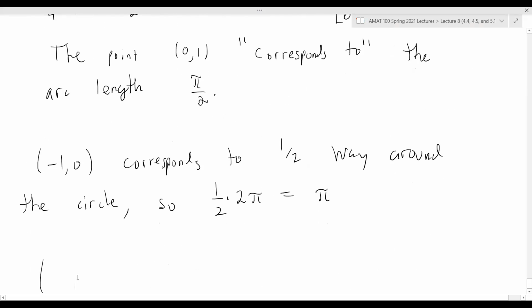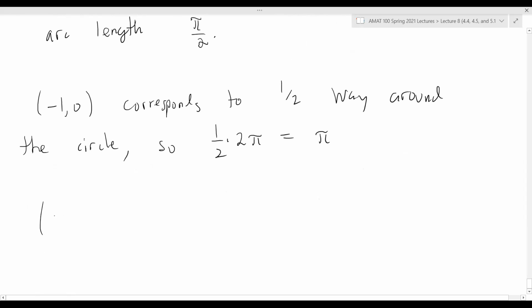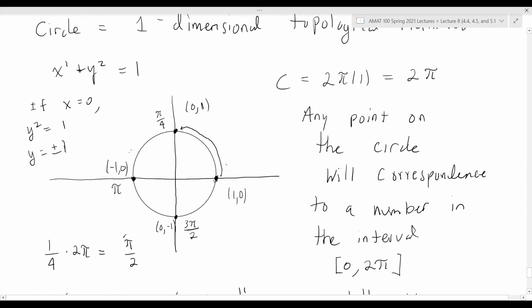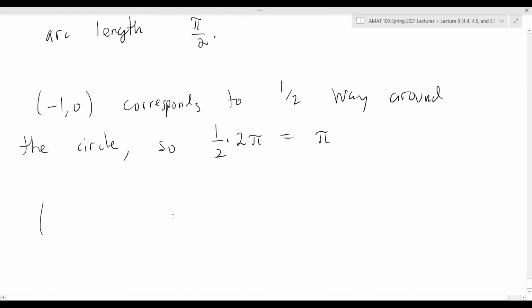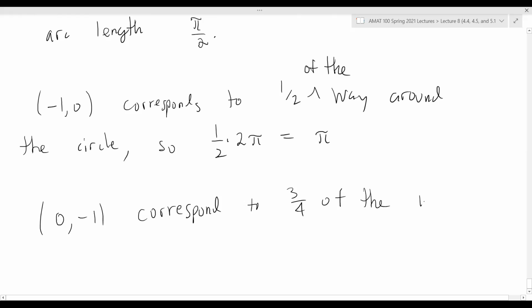And then if I start at (1, 0) right here, and I travel all the way around to this point right here, (0, -1), that will correspond to 3/4 of the way around the circle.